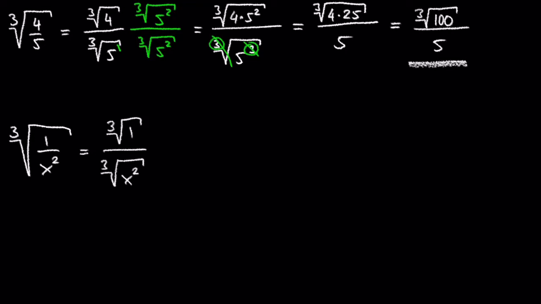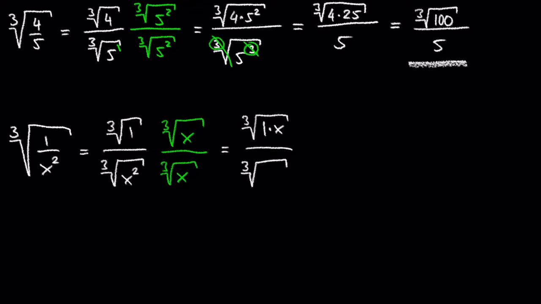Multiplying by the third root of x on the top, and at the bottom, we get the third root of 1 times x and the third root of x squared times x to the 1.